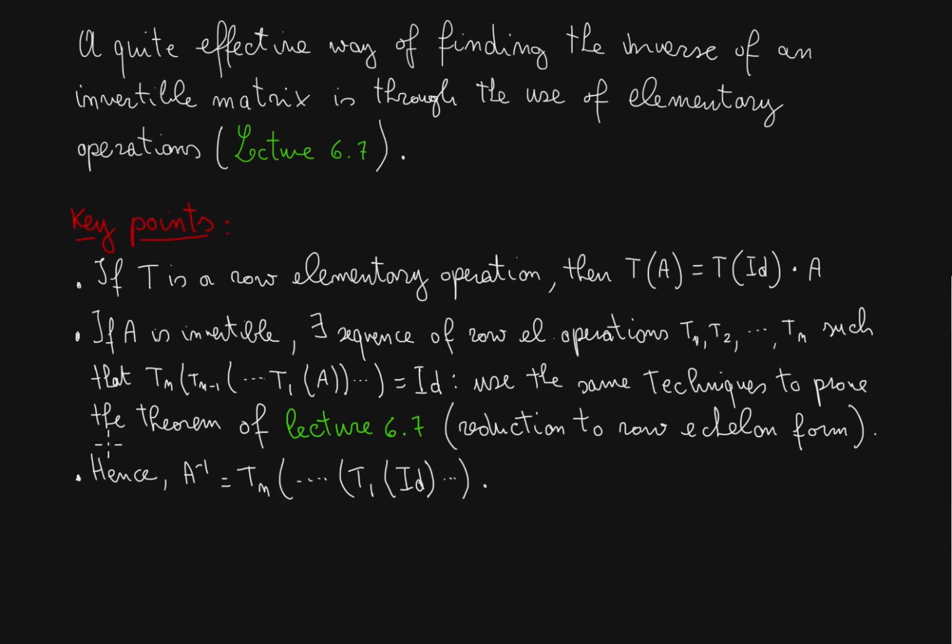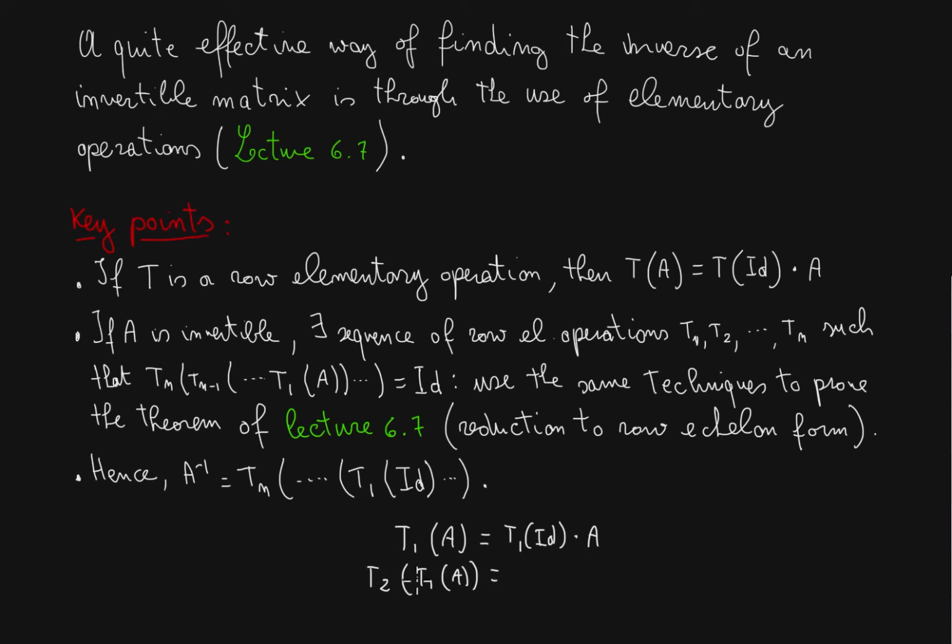So let's prove the third statement using the first two. We start from T1 applied to A. By point number 1, this is simply T1 of the identity times A. Now if you apply T2 to T1 applied to A, what do we get?